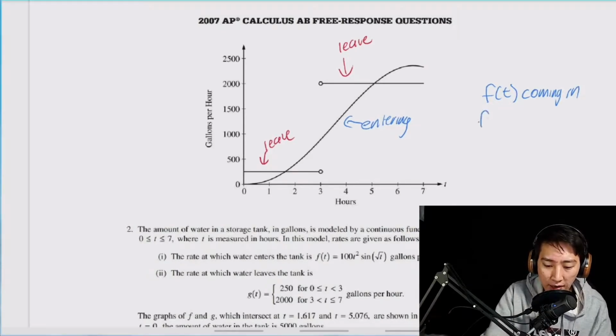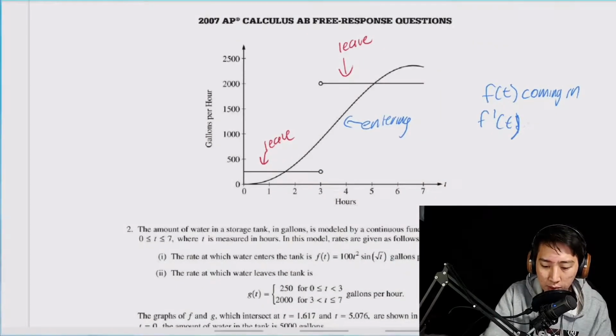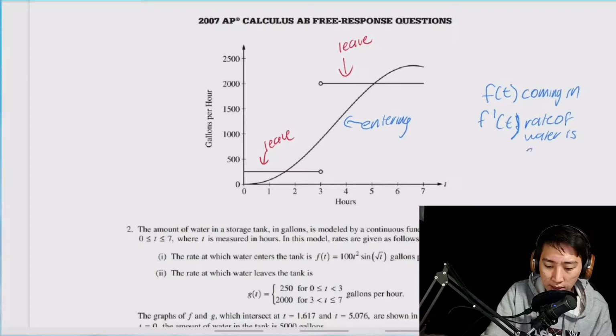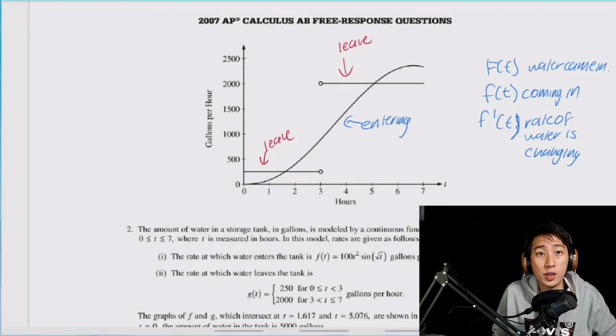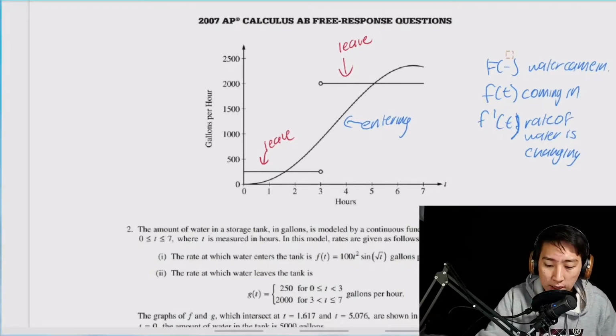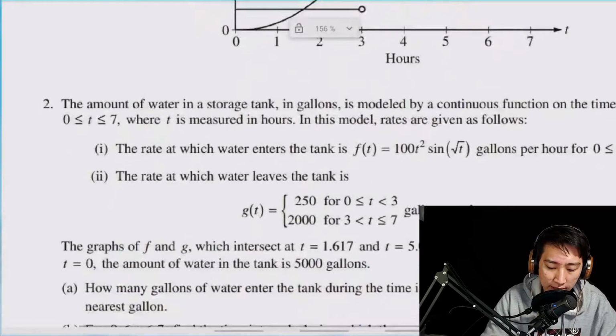And then f prime of t is going to tell me how the rate of water is changing, and capital F of t is going to tell me how much water there is. Again, we're making sure we know what each of the different parts are. It's good to have this in the back of your mind as we're going in.